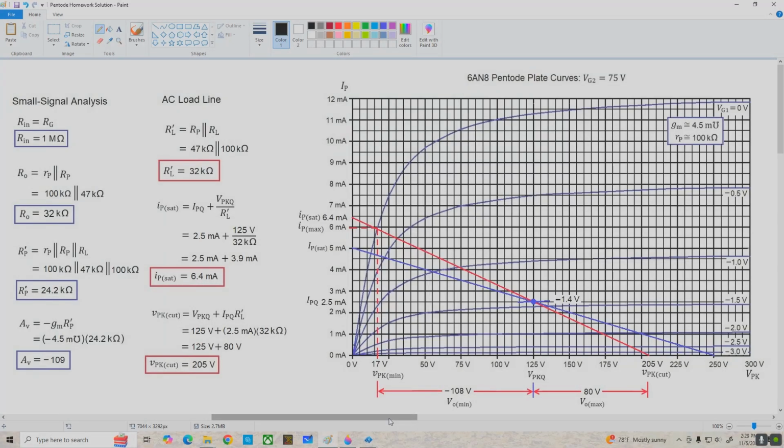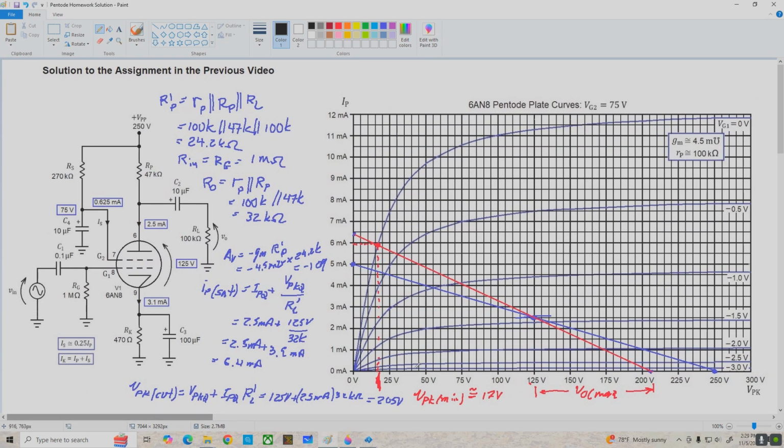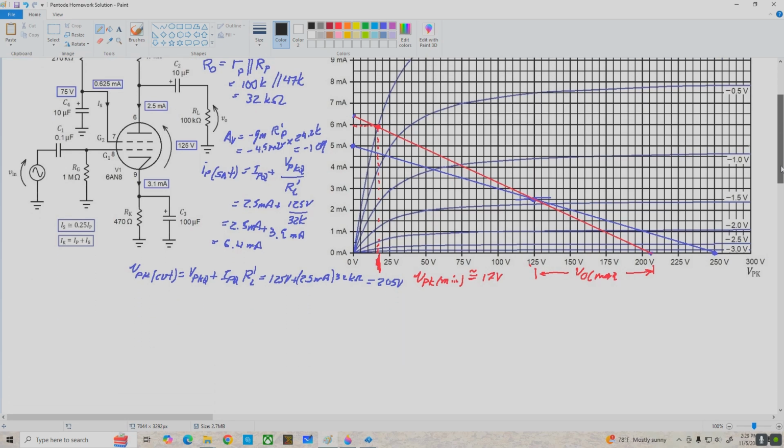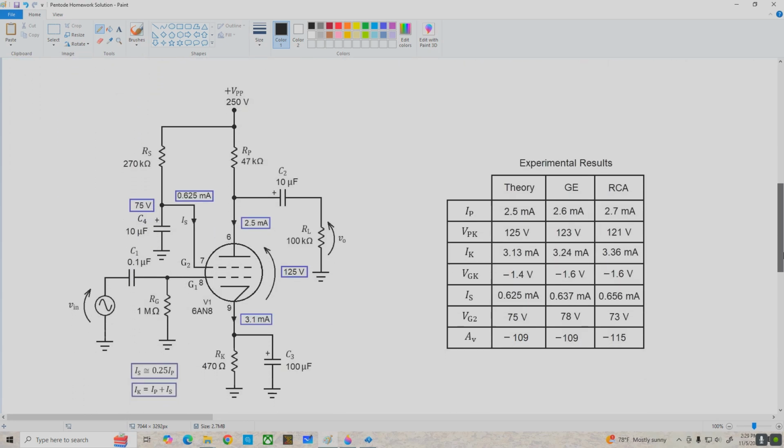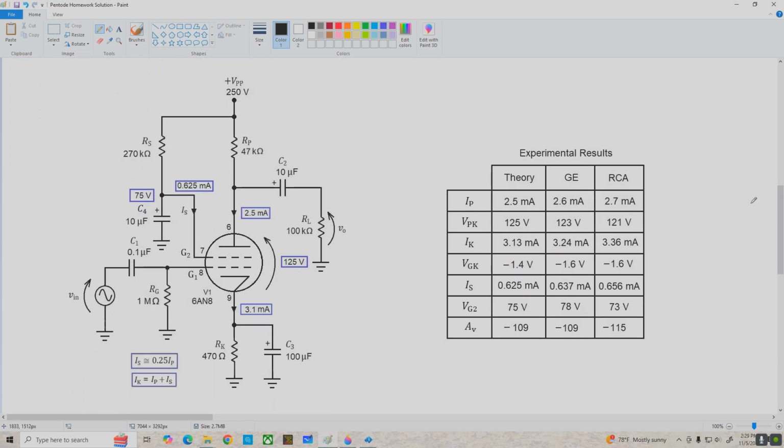Now, as you guys know, I like to back up all of my theoretical calculations with experimental values because, you know, what good is all this stuff if it doesn't work? So let's go on down and I'll show you the results I got from building this. On the left-hand side, we've got the schematic with all of our design goal values, and on the right, I've tabulated those results with measurements taken for a 6AN8 from General Electric and one from RCA.